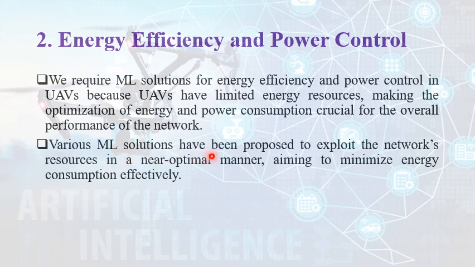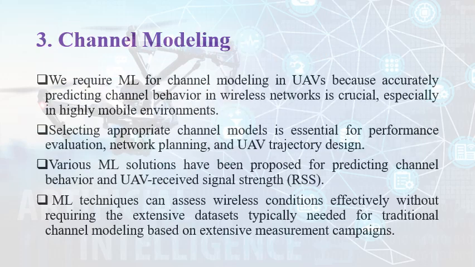Various ML solutions have been proposed to exploit the network resources in a near optimal manner, aiming to minimize energy consumption effectively. Okay, as you know, various works in literature have emerged that address energy efficiency and power control using machine learning solutions.